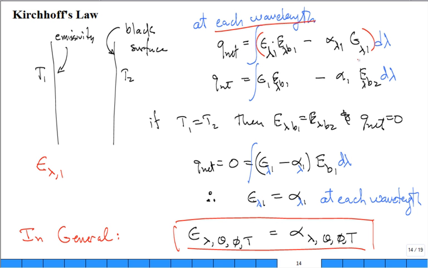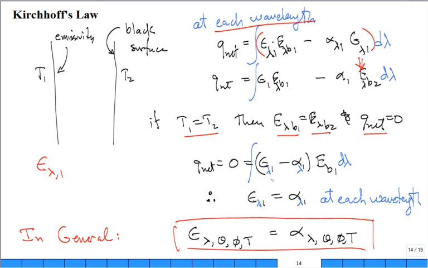What do we do from here to here? Surface 2 is black, hence G1 is equal to E_b2, and we're interested in it as a function of wavelength. Consider the case T1 equal to T2. Then the spectral black body emission from 1 is equal to the spectral black body emission from 2, and Q net is equal to 0.